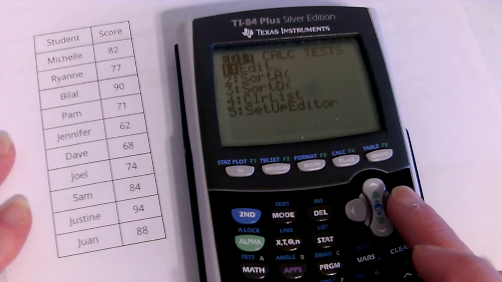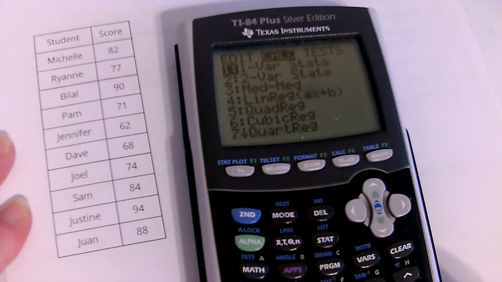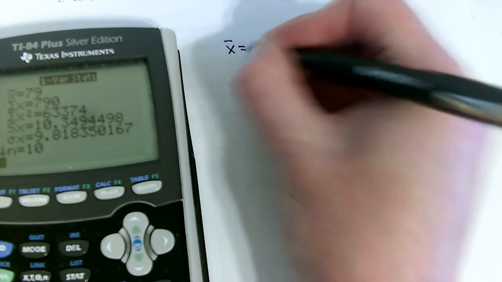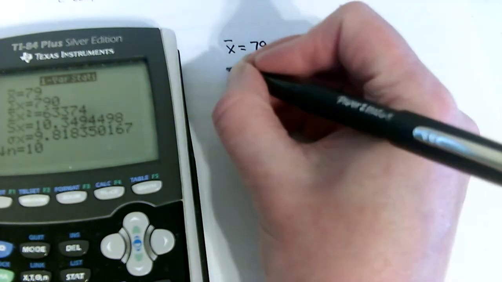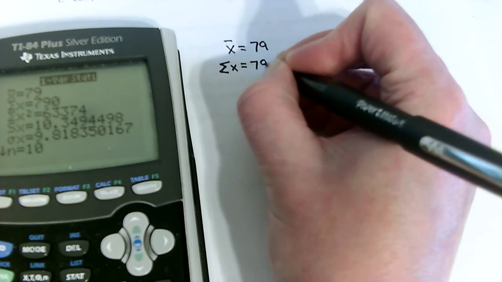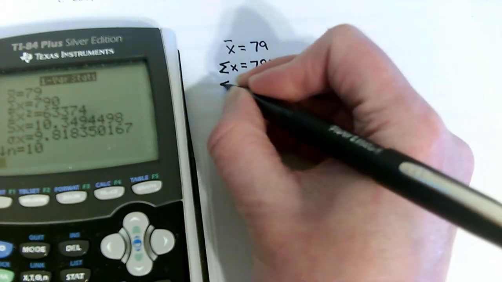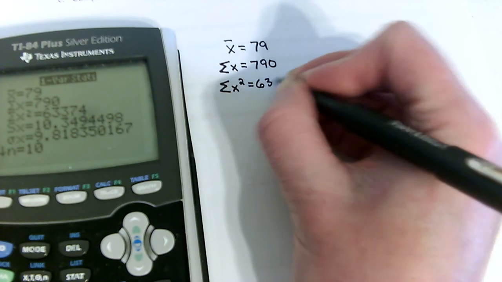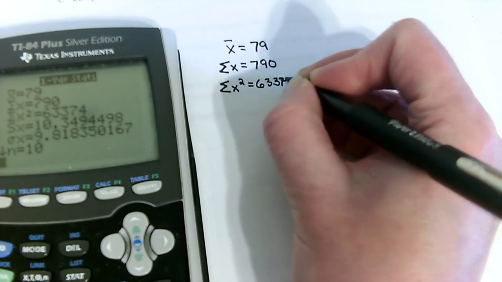Then we're going to press stat again, go to calculate, and then one variable stats. This time I'm going to write out everything we see, and we're going to talk about what we have and list it out. So I'm going to actually write down everything we have. And we'll write out to 7.4.